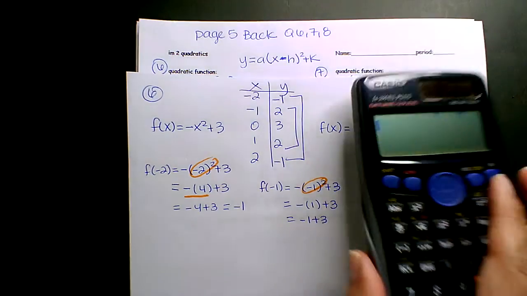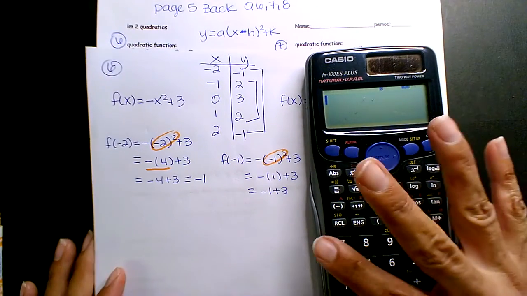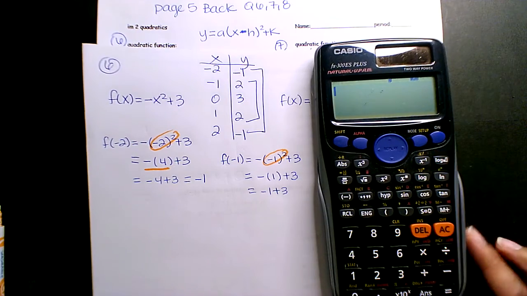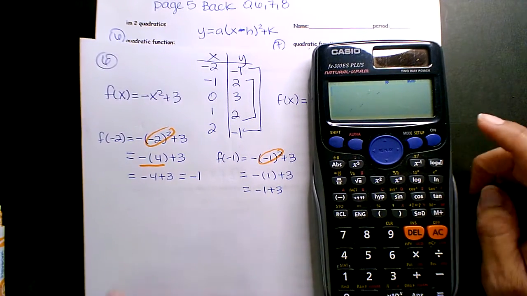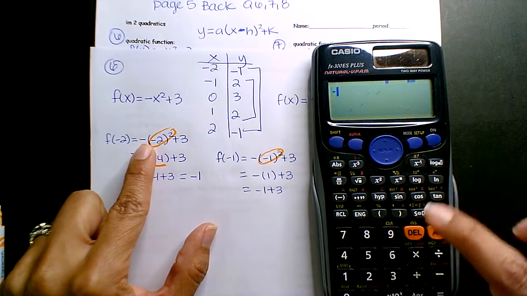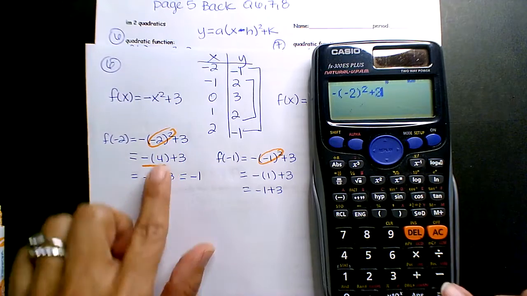All right, look. Your calculator does it all. As long as you can type it in, the whole saying garbage in, garbage out, if you get a trash answer, it's because you typed in trash. Okay, so here we go. Negative, parenthesis, -2 squared plus 3.